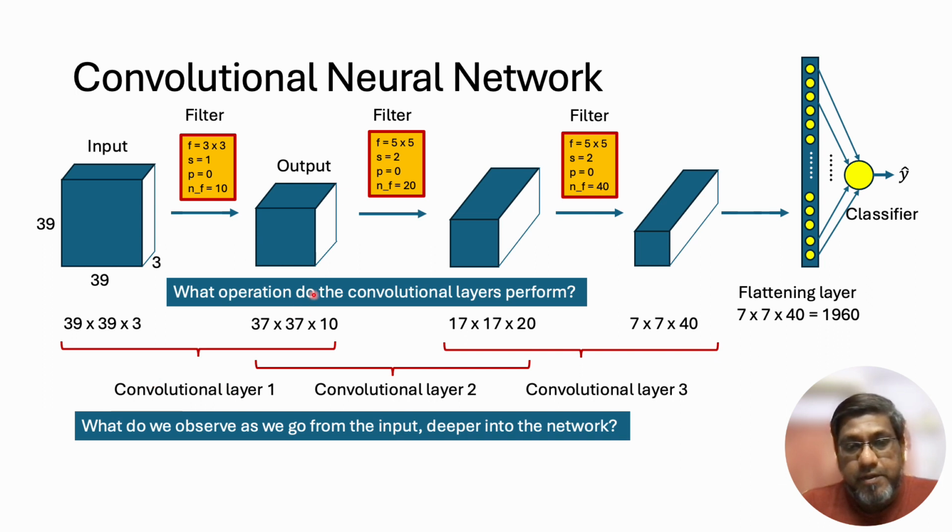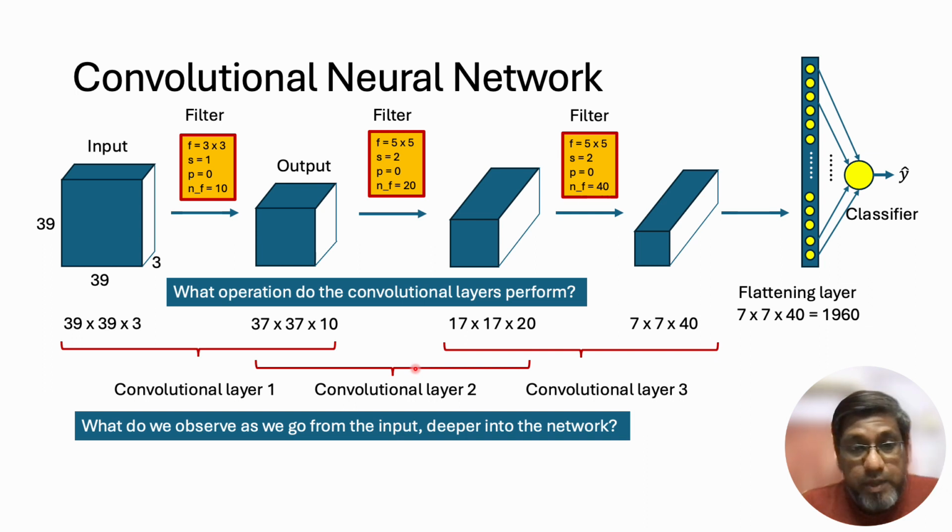The output of the first convolutional layer becomes the input to the next convolutional layer, which is the second layer, and there the output of the first layer is convolved with the filter in the second layer, and that results in an output for the second layer, which in turn becomes the input to the third layer, and so on and so forth.